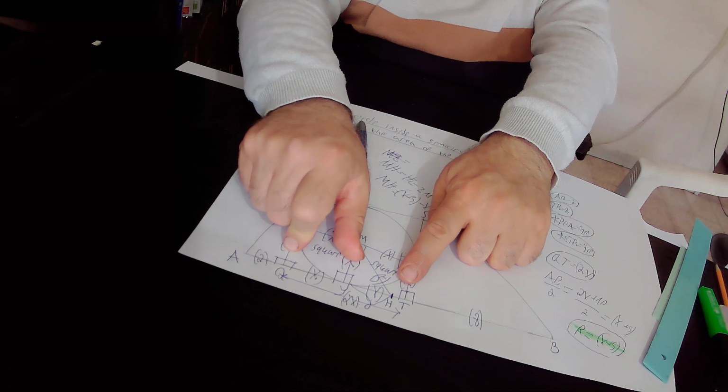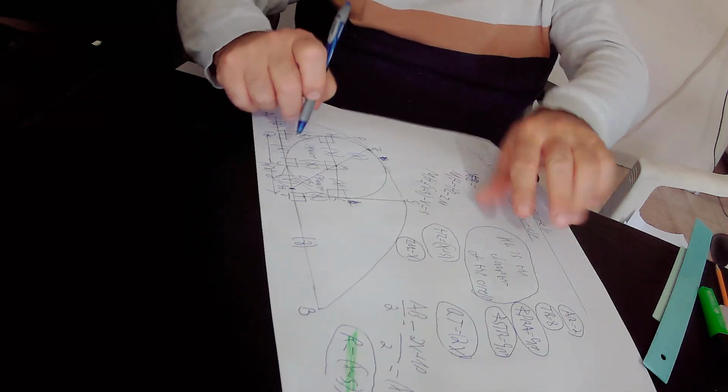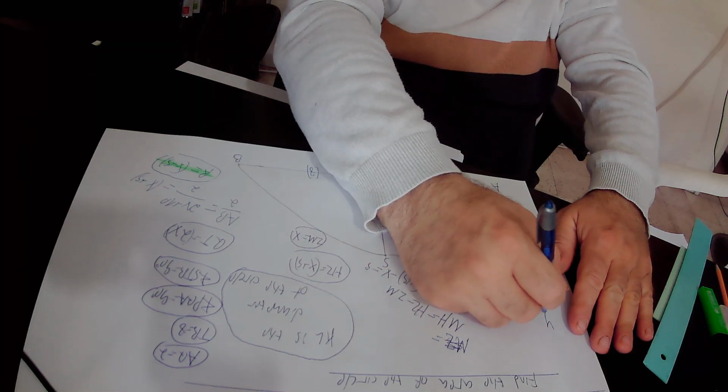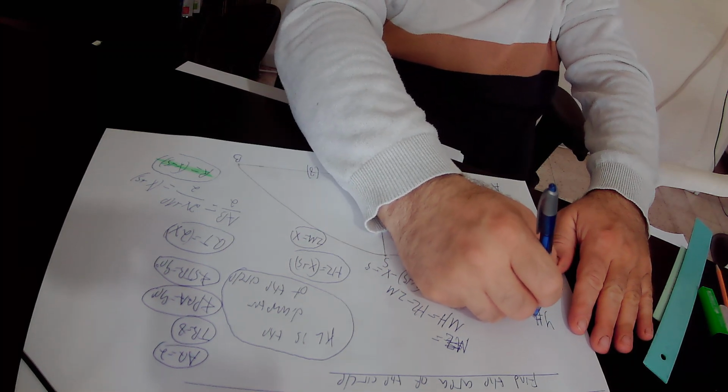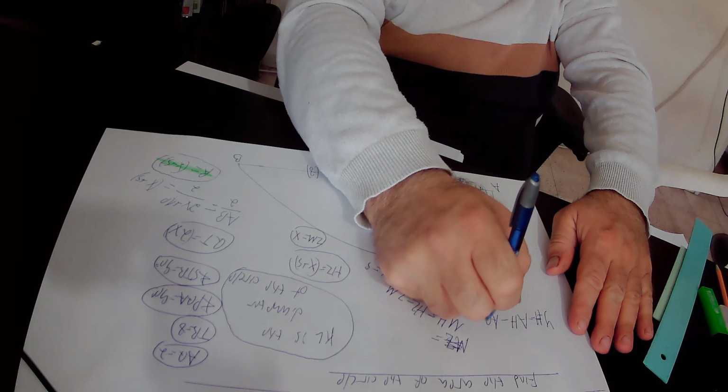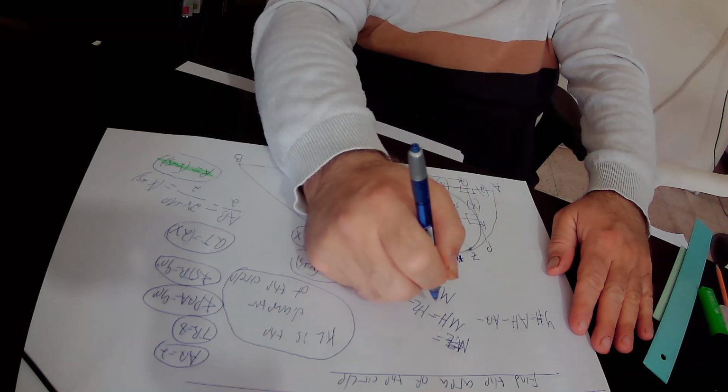Again, AH, the radius of the semicircle, minus AQ minus QY equals YH. So I write it down. We found out that YH equals AH minus AQ minus QY.